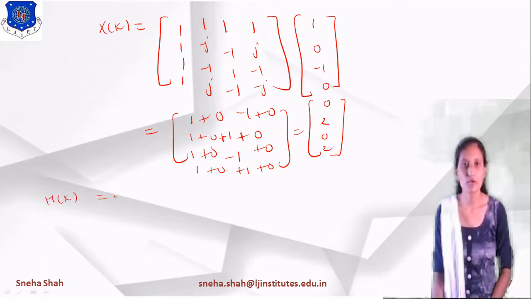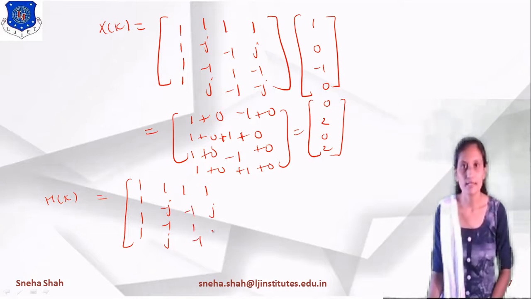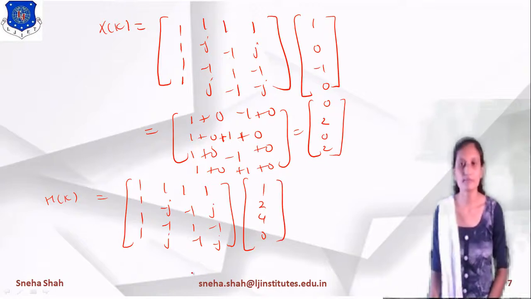Same way, if I am solving for the value of H of k, then what will be the terms? 1, 1, 1, 1, 1, 1, 1, 1. Minus j, minus 1, j, minus 1, 1, minus 1. This one is j, minus 1, minus j, right? It will multiply with 1, 2, 4, 0.